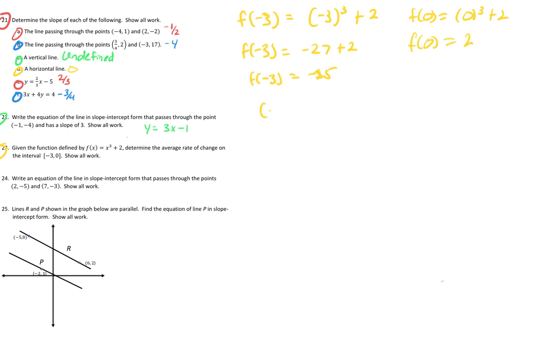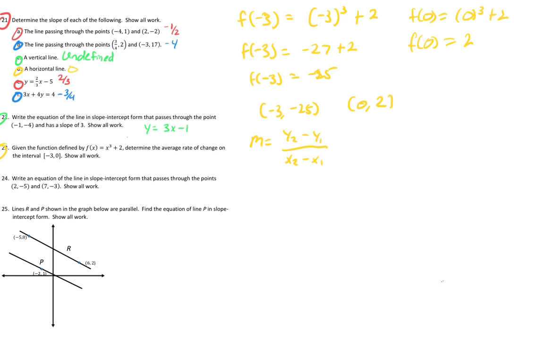Now we have an ordered pair. For our slope equation, which is y2 minus y1 over x2 minus x1.